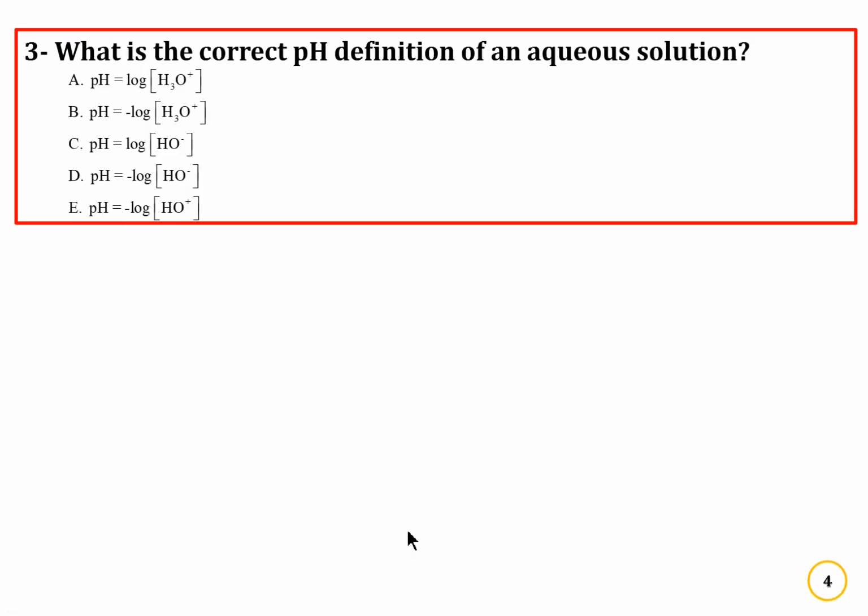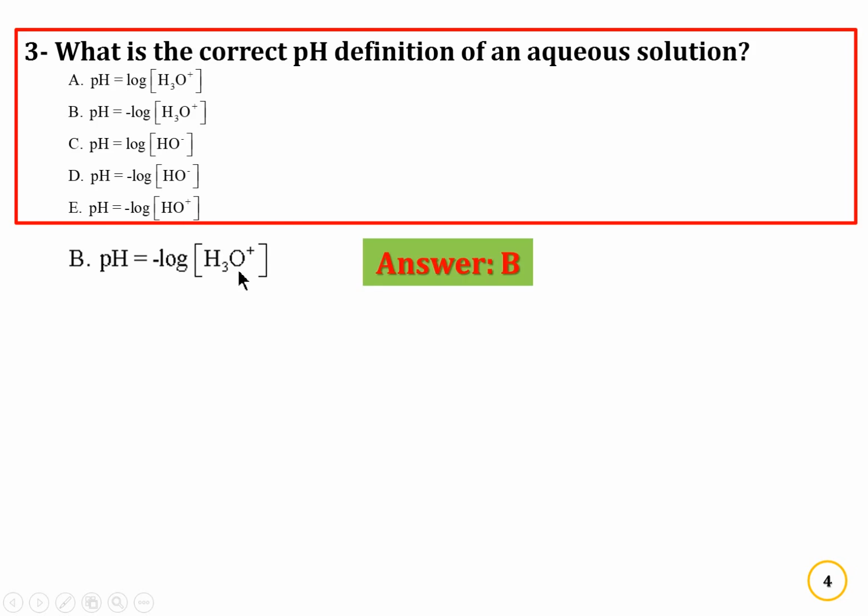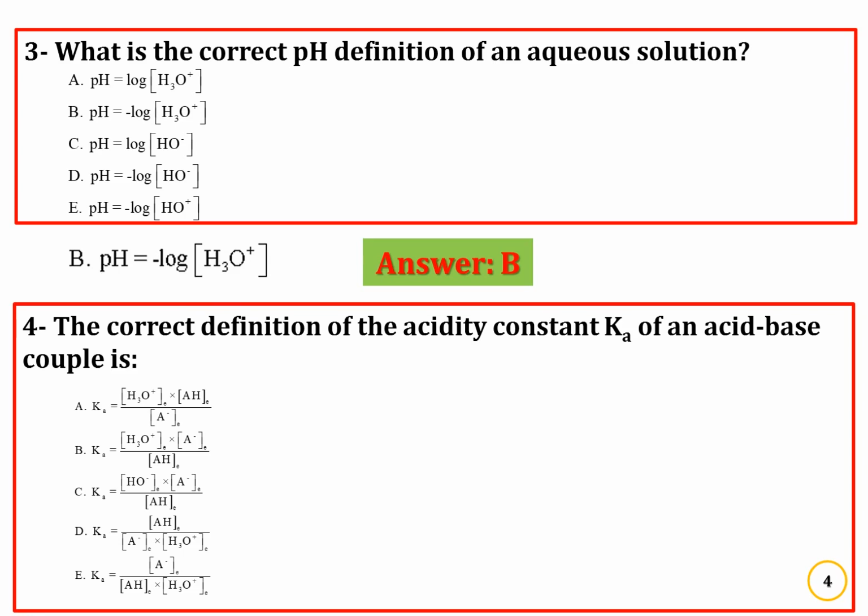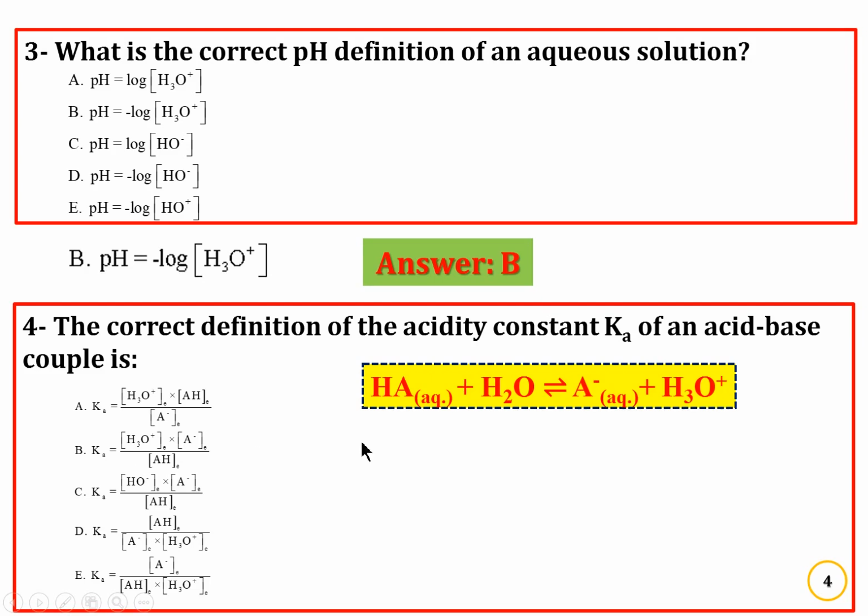As to exercise 3, what is the correct pH definition of an aqueous solution? We know that pH equals minus log H3O+, so the correct answer is B. Exercise 4, the correct definition of the acidity constant Ka of an acid-base couple. We know that HA dissociates in water to give A- and H3O+ until the equilibrium.